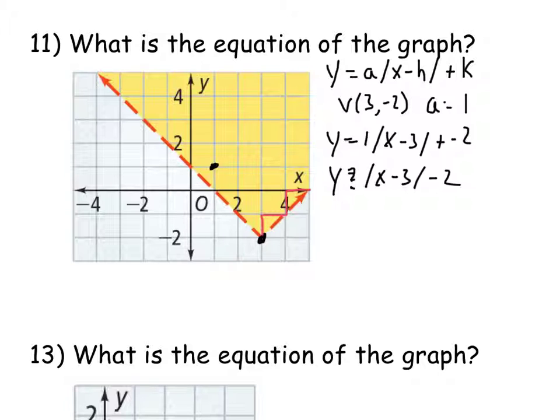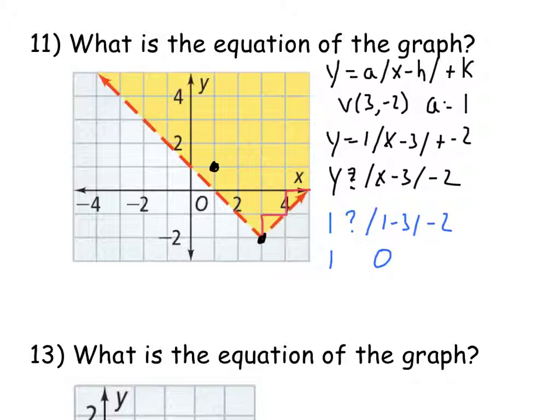So we're going to test (1, 1). We plug into our inequality written here. So 1 compared to the absolute value of 1 minus 3, minus 2. What's 1 minus 3? Negative 2. What's the absolute value of negative 2? 2. So we have 2 minus 2, which is 0.